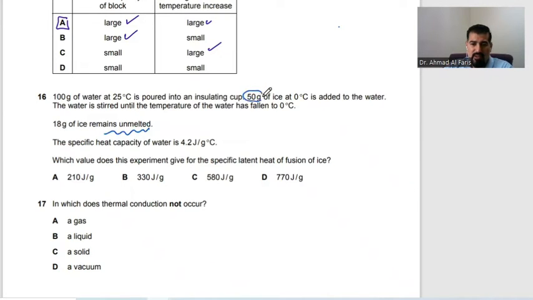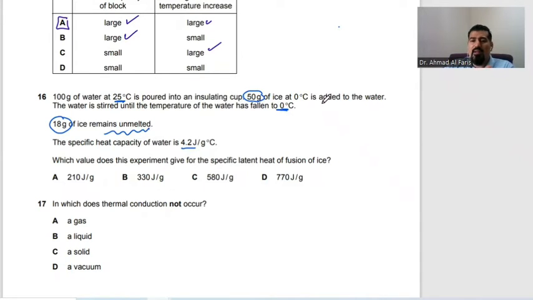So the mass of ice melted is what we want, because the ice gains energy from the water, which loses energy as its temperature decreases from 25 to 0, while the ice stays at 0 degrees Celsius and only melts. Not all 50 grams melted, only 32 grams of it. The specific heat capacity of water is 4.2 joule per gram degrees Celsius. Which value does the experiment give for the specific latent heat of fusion of ice?